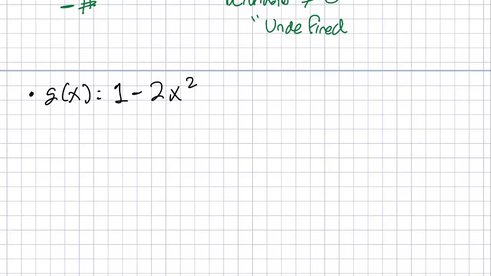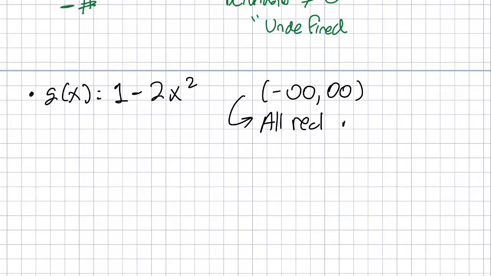Remember, the domain is what numbers we can input. What numbers can we input into this function? Any number, right? So what do you call it when you can plug any number into the function? Negative infinity to positive infinity. Very good. This is the same thing as saying all real numbers.